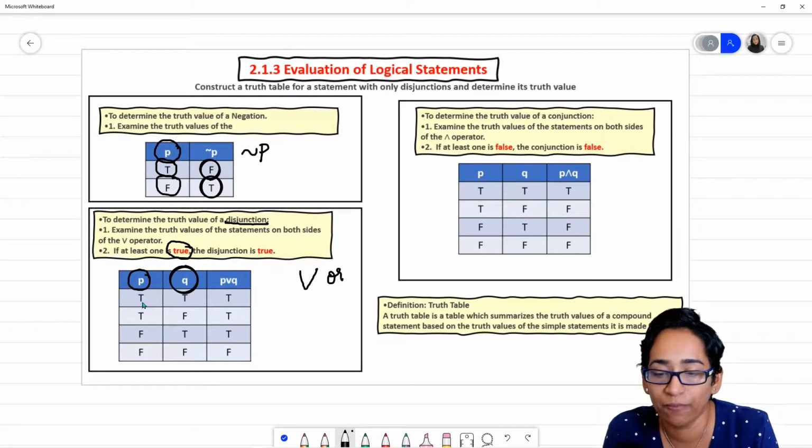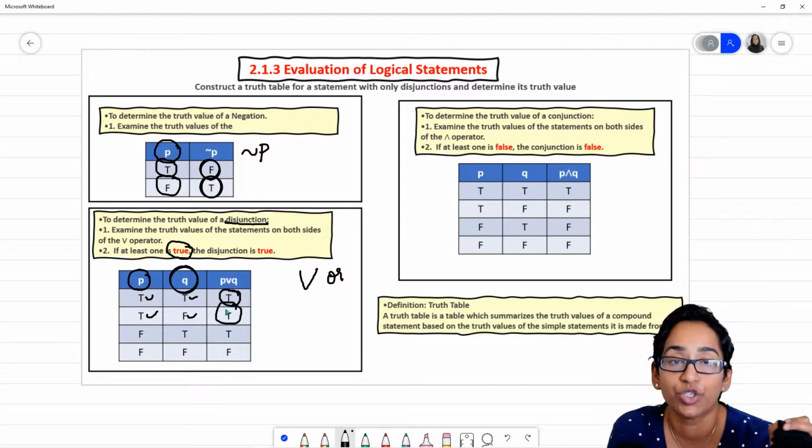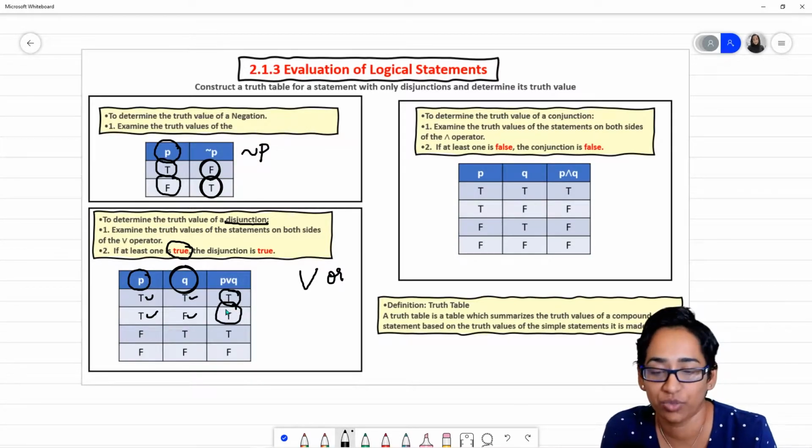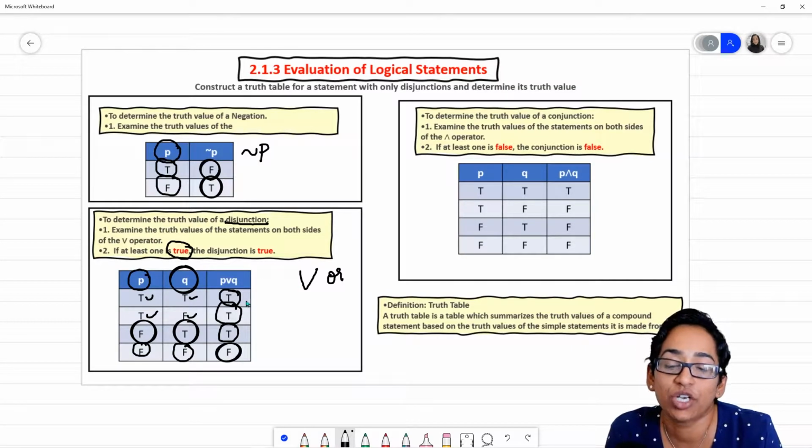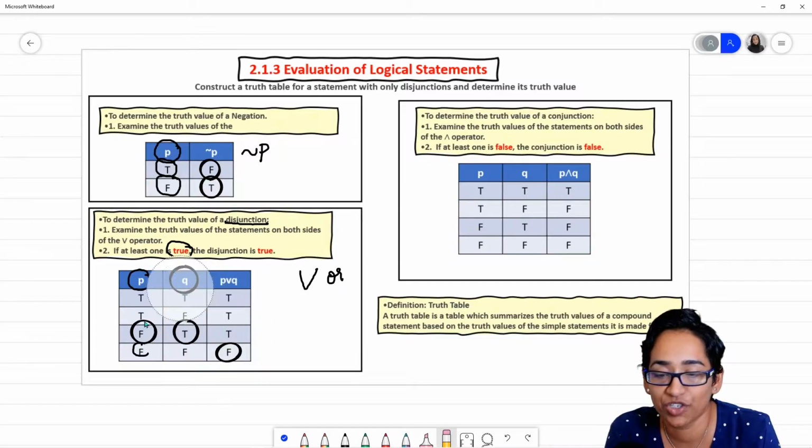So what do I mean? True and true, this is true. True and false, this is true. So for a disjunction to be true, at least one of them has to be true. False and true, it is true. False and false, it is false. So disjunction is true if one of them is true.